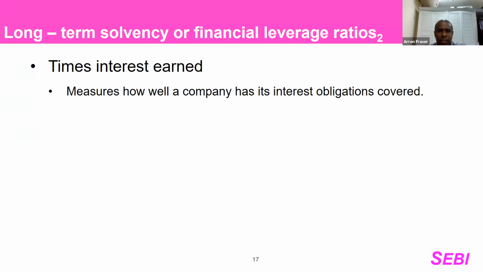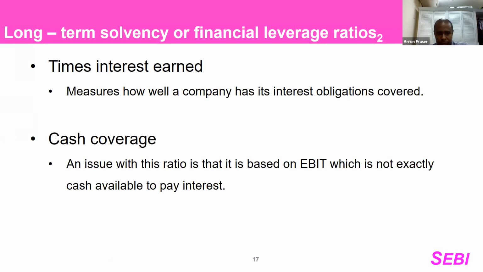The times interest earned measures how well a company covers its interest obligations. Then the cash coverage. This is a ratio where, as I explained earlier, we try to arrive at your operating cash flow amount. And again, it says how much cash is available to pay the interest, right?